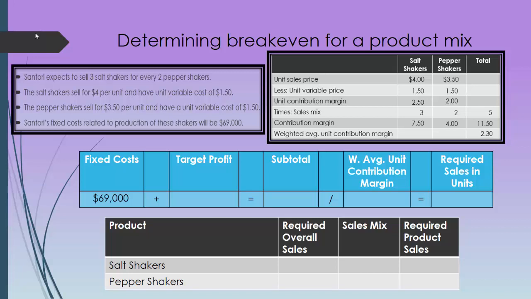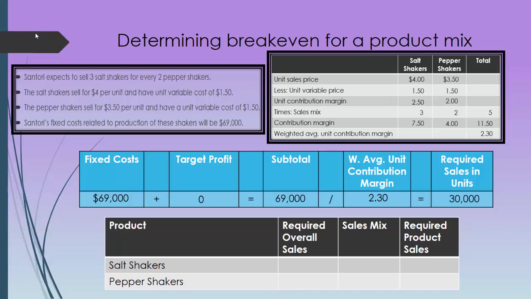They're looking to break even, which means not make any money, not lose any money. So target profit, whenever it's a break-even question, is always going to be 0. They've got to come up with $69,000 to cover their fixed costs. Well, let's divide that by our weighted average unit contribution margin, which we just figured out to be $2.30. Means that we're going to have to sell 30,000 units in total, so salt shakers and pepper shakers combined, in order to break even.